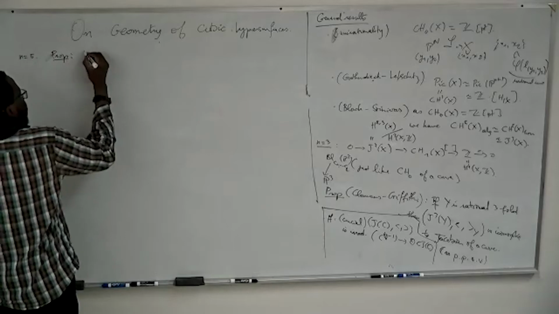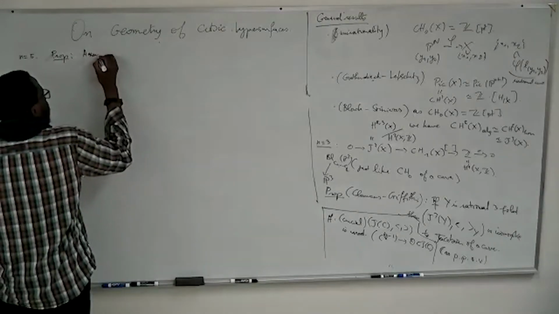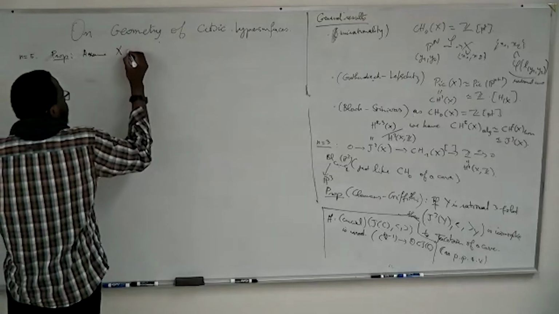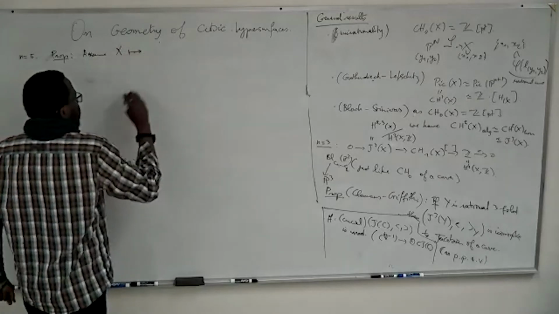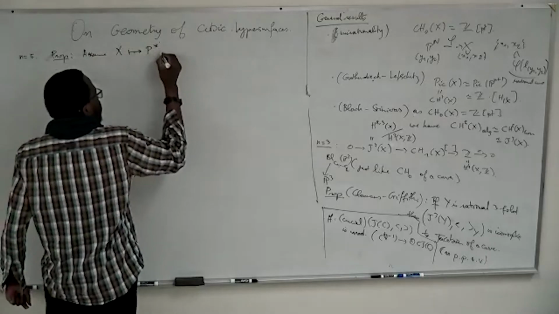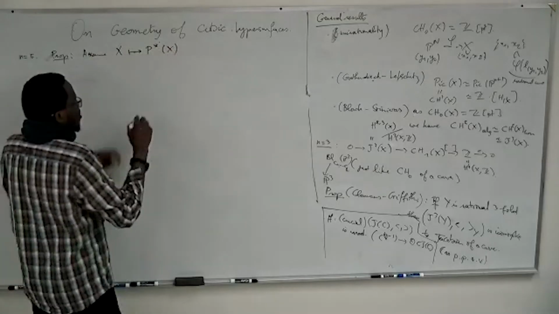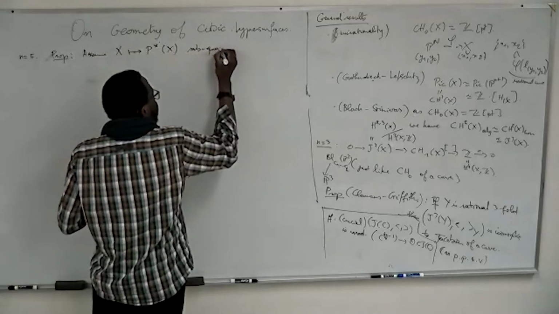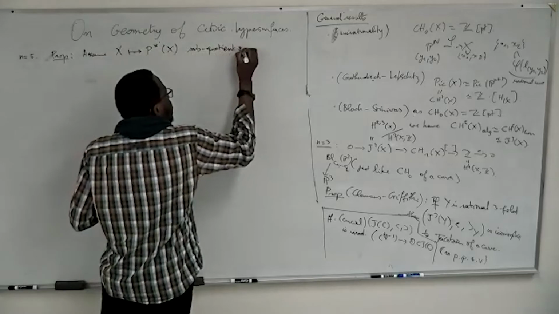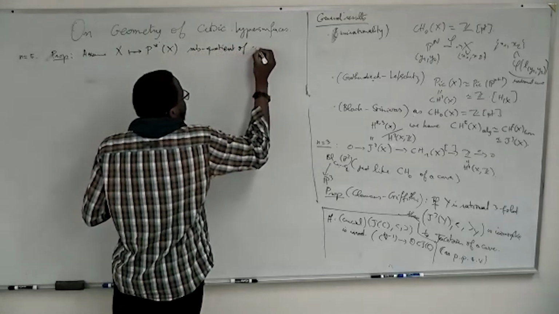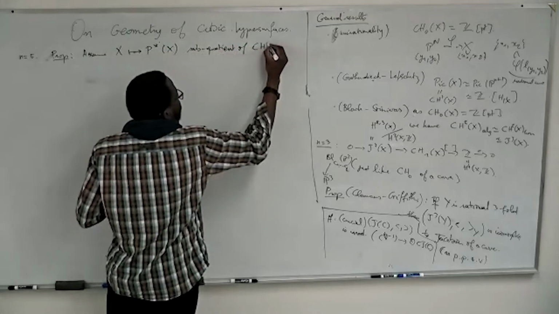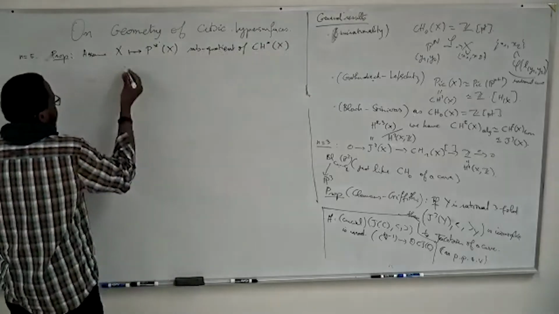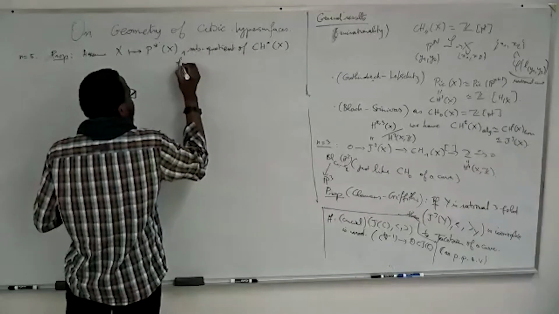If we assume we have, so we associate to each smooth projective variety a group P, which is a subquotient of the Chow group of star codimension, a functorial subquotient.